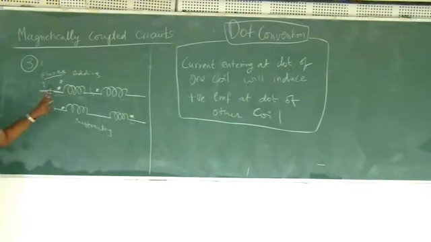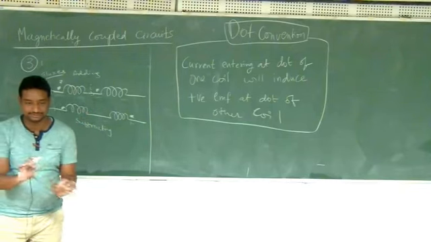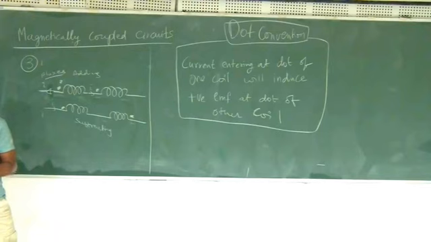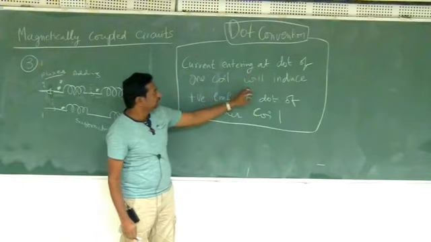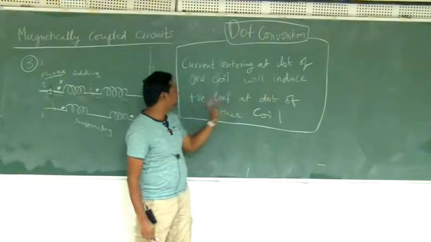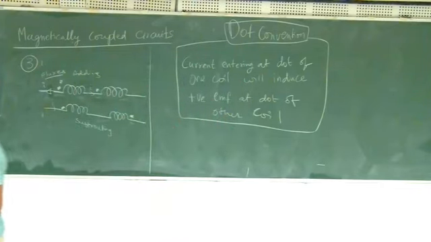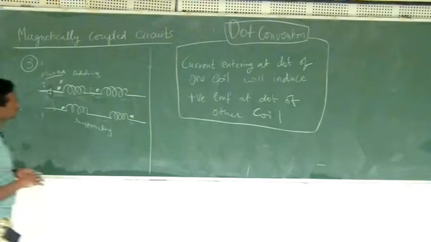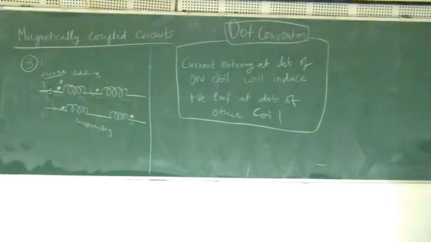Okay. Then for the other dot, you put minus. Okay. So just to be consistent. Okay. So if the current is entering at a dot of one coil, then it will induce positive EMF at the dot of the other coil. So two dots are important there. Okay. So is that okay?